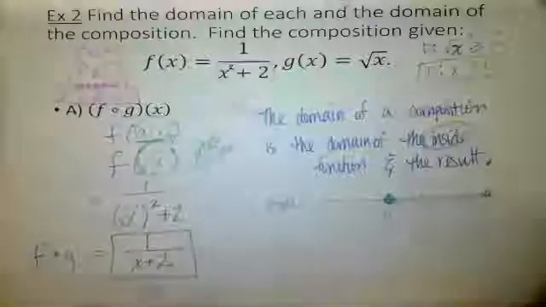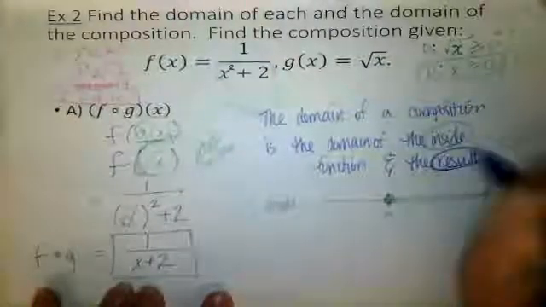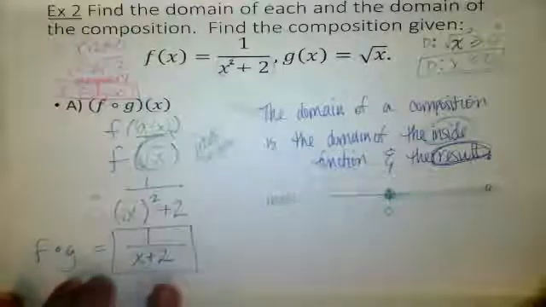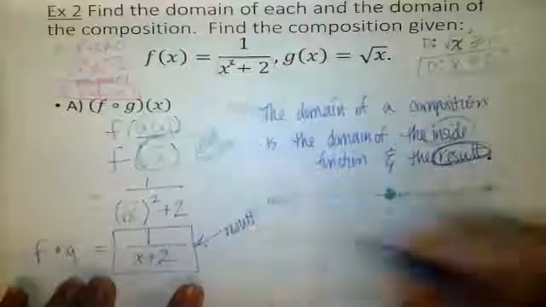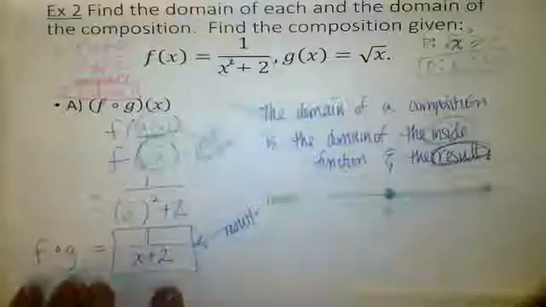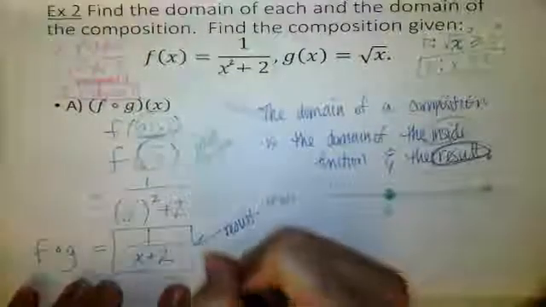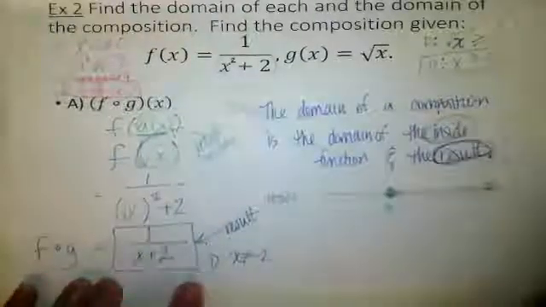All right. And then I need to look at the domain of the result. Where's my result? Right here. Looking at my resulting function, tell me about this resulting function. x cannot equal -2.